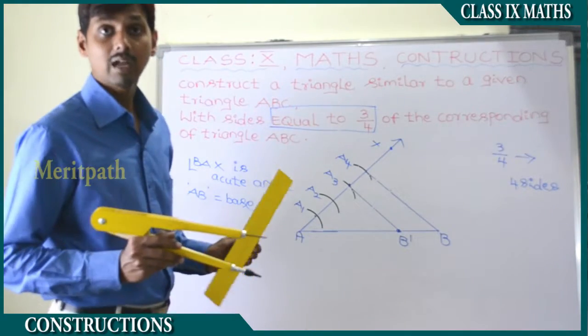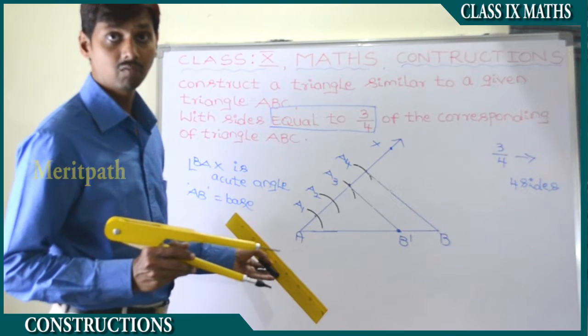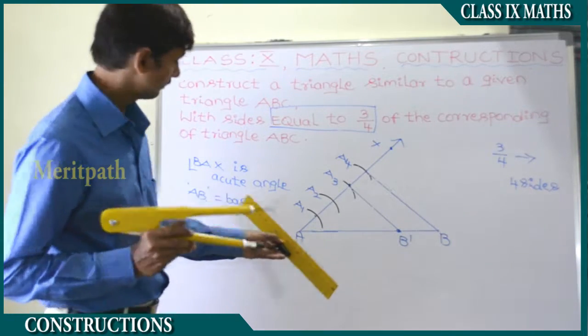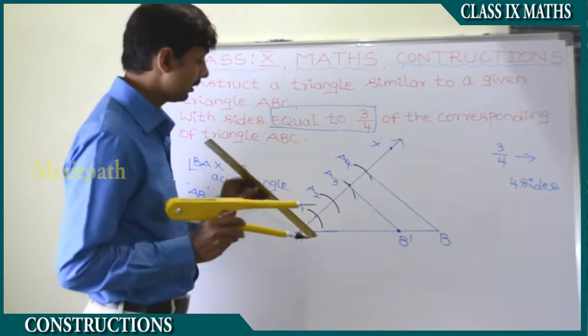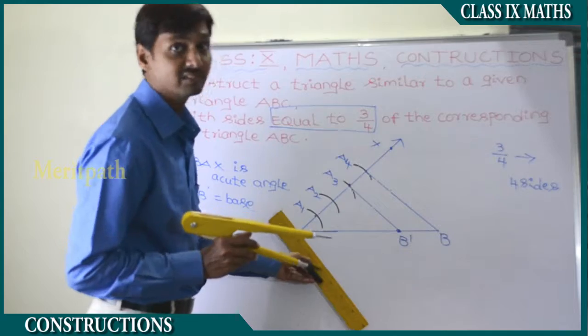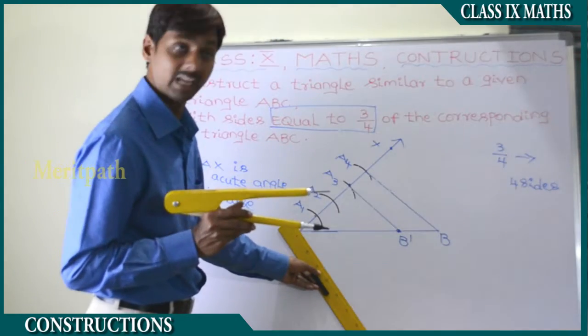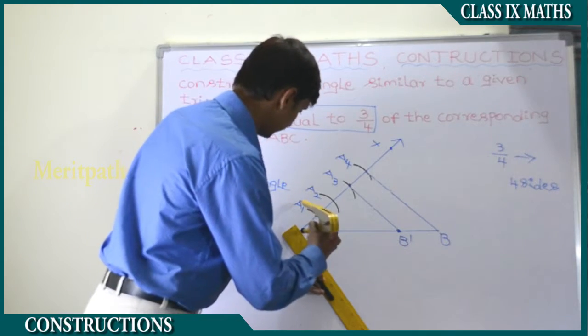Let's draw an acute angle from point A, on the upside of AB. We are going to draw an acute angle for AB.